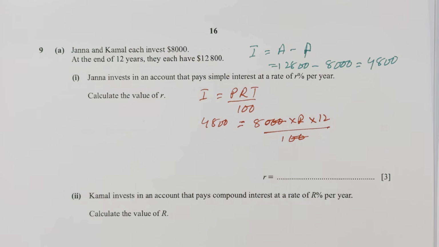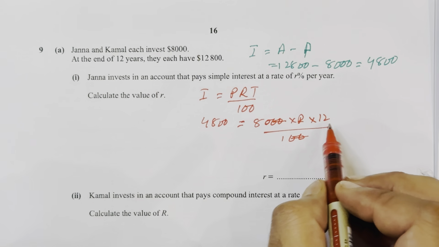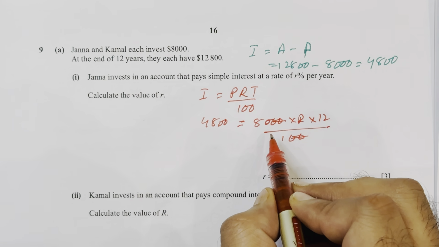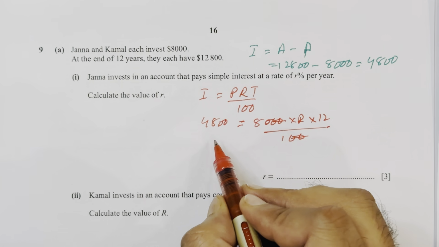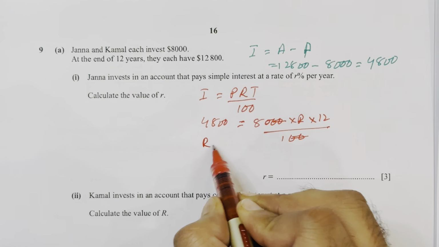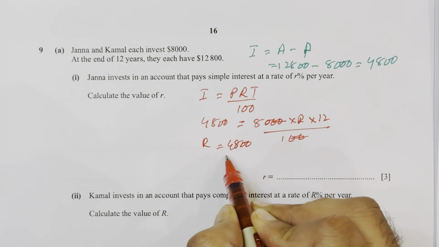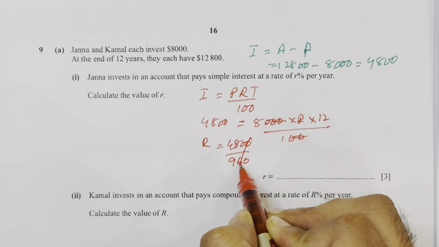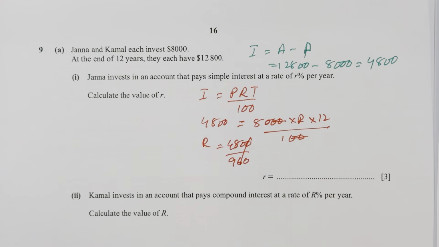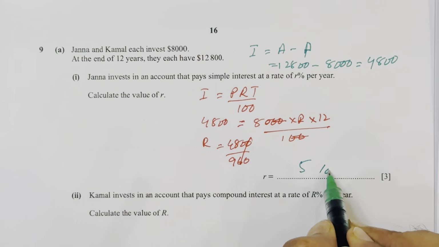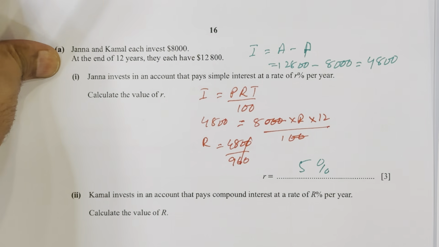Cancel 2 zeros with 2 zeros, and 12 multiplied by 80 would be 960. So R would be equal to 4,800 divided by 960. Cancel 0 with 0, then 480 divided by 96 would be 5. So our answer would be 5%.